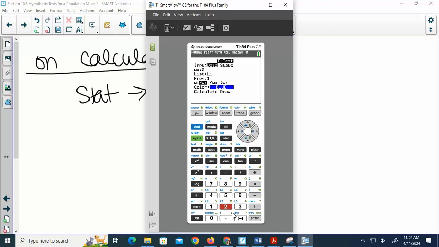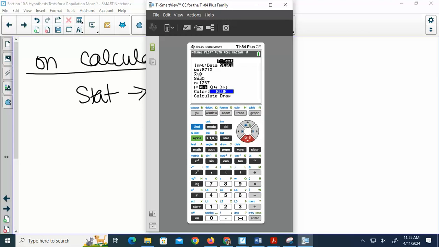All right, so we have options. Data means you have original values that you entered into a list, which we do not have. So we're going to go to stats, and it's going to ask me, mu sub 0, that is the mean of the null hypothesis, which was 5710, the mean of the null.